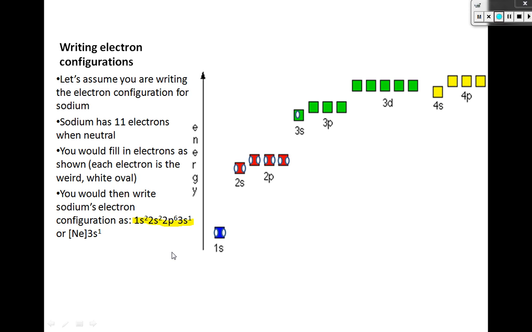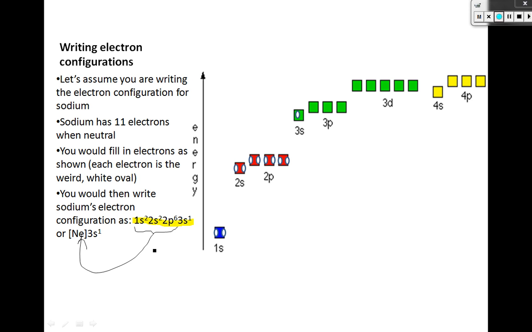As you get into some of the bigger elements, say with 30 or even 40 electrons, you can imagine this chain here is going to get really long. So one of the things we can do is, if we go back here, this portion here, the 1s2, 2s2, 2p6, is equivalent to neon's electron configuration.